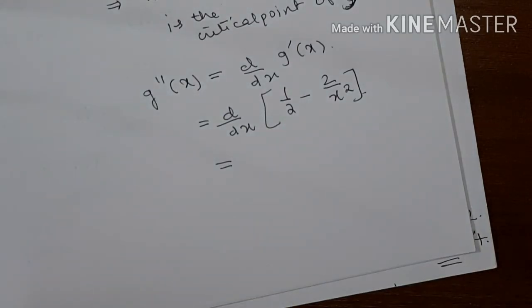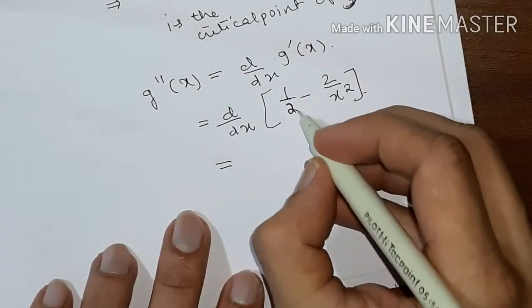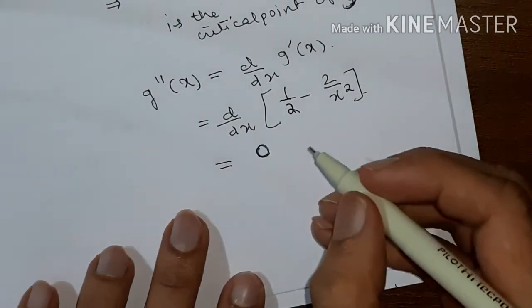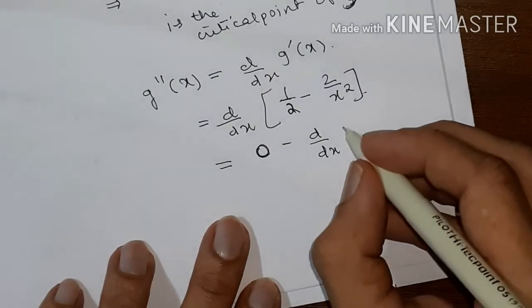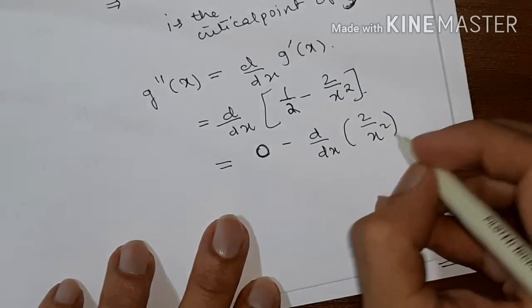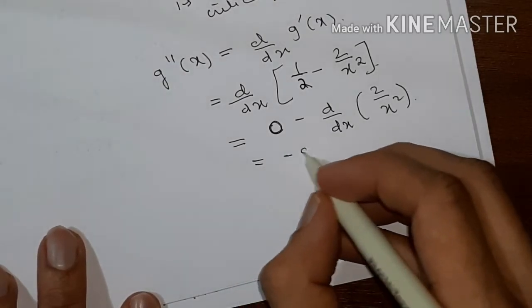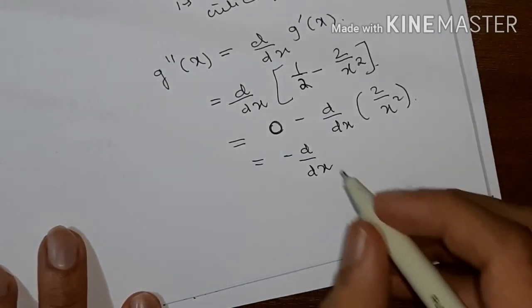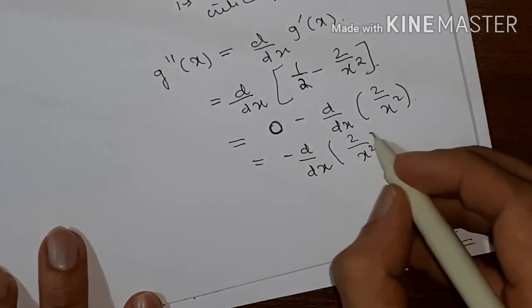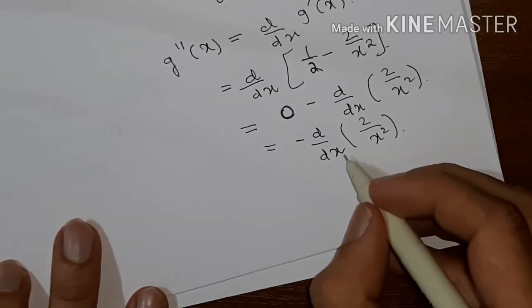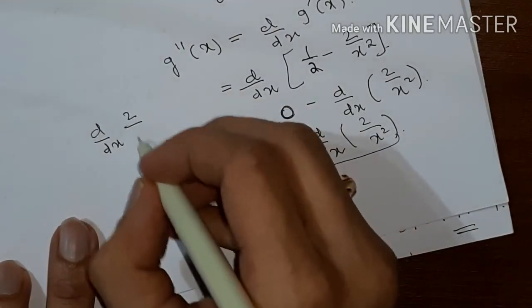Now what is the derivative of 1/2? Derivative of 1/2 is 0, right? Minus the derivative of 2 by x square. Now let us find this derivative. The derivative of 2 by x square will be what?